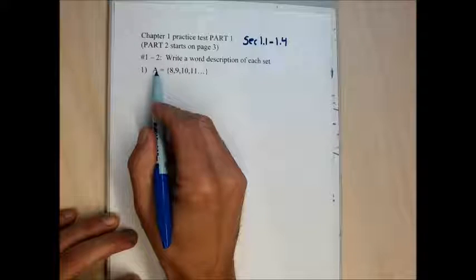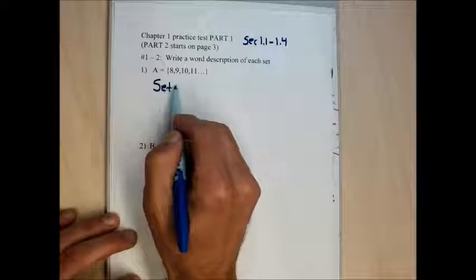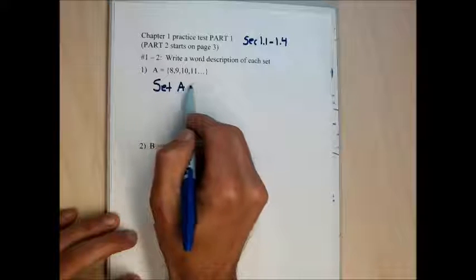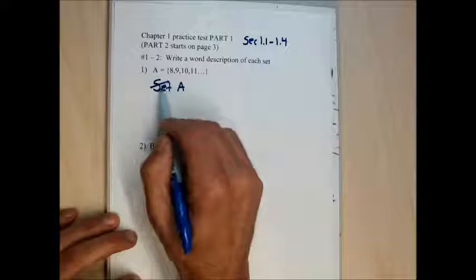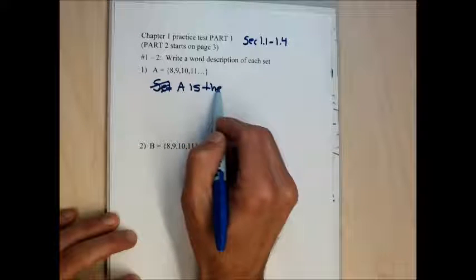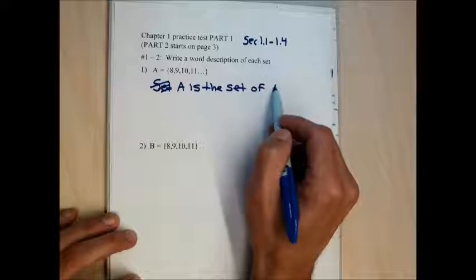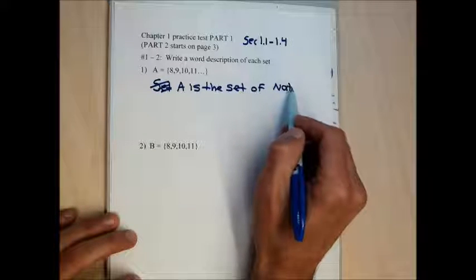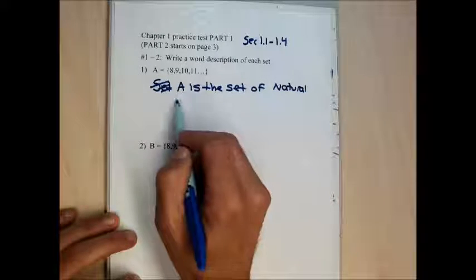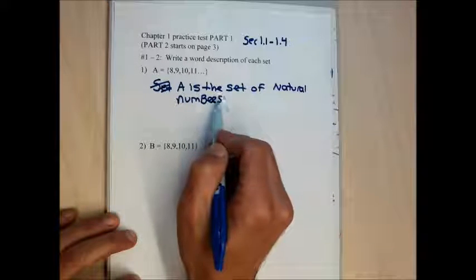So for problem 1, I might say A is the set of natural numbers. And now that excludes the negative numbers, the decimals, and the fractions.